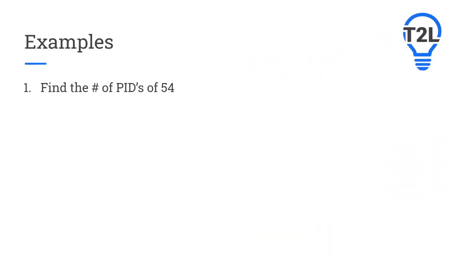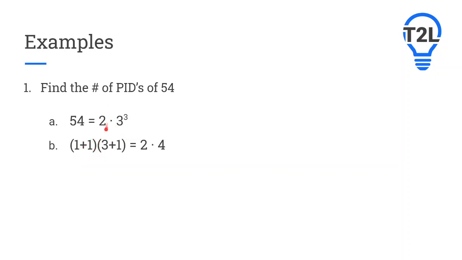Now, examples. So let's say you're given to find the number of PIDs of 54. So first you want to take the prime factorization, and that's just 2 times 3 to the third power, or meaning 2 times 27, but you want to prime factorize that 27. And then now that you have the exponents, you can just add 1 to each of them.